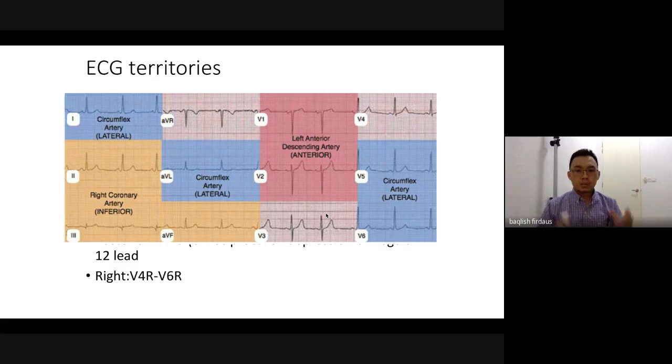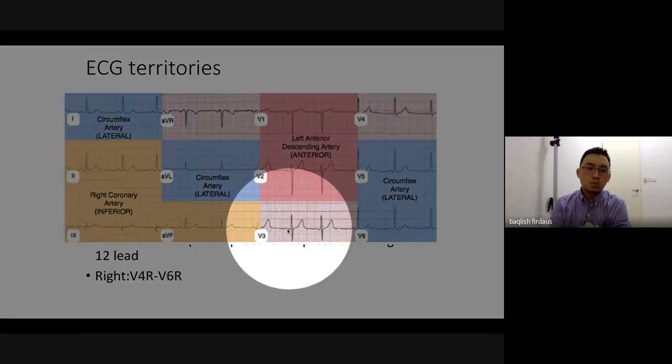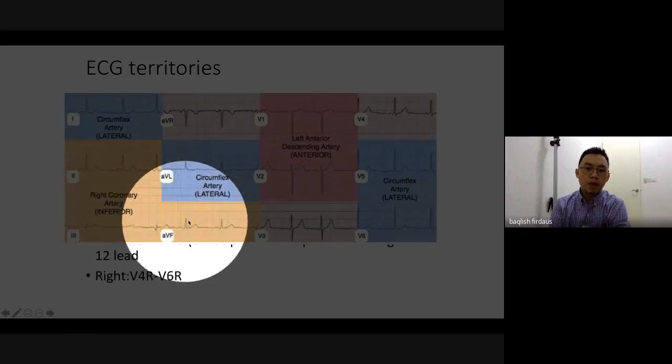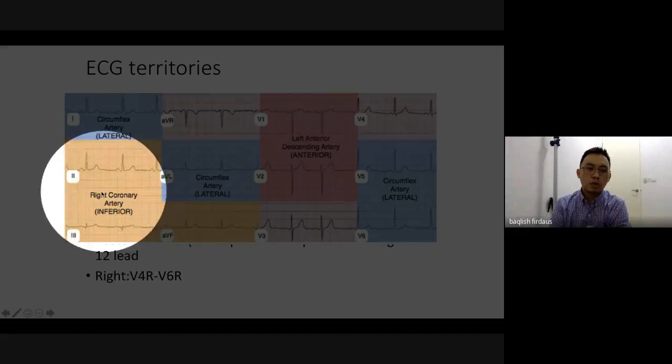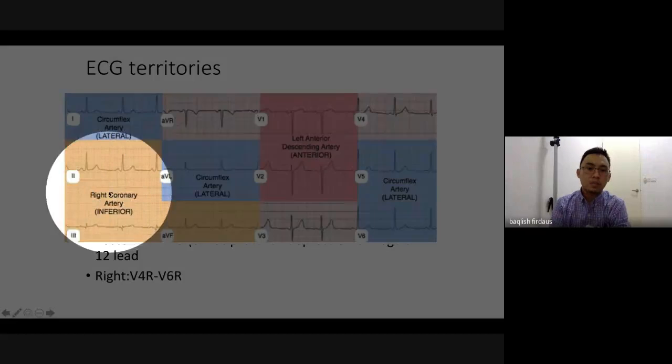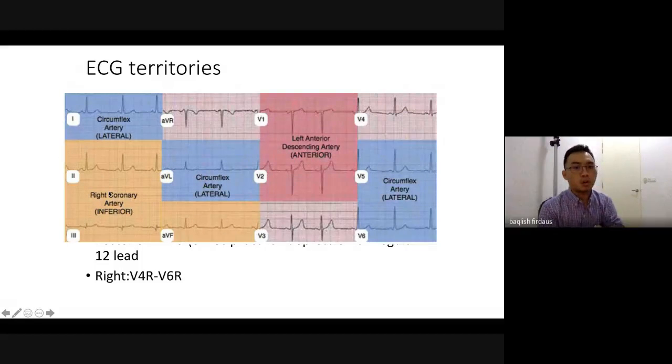When I see an ECG, I read it according to the ECG territories. First, in my personal practice, I look at leads 2, 3, and aVF, which indicate the right coronary artery or the inferior myocardial wall.